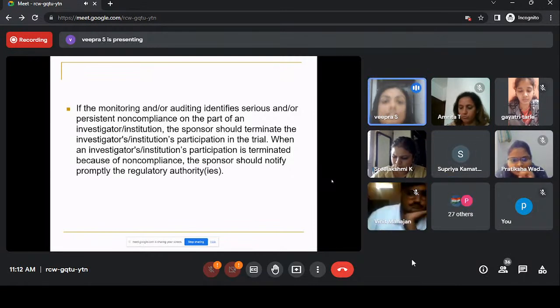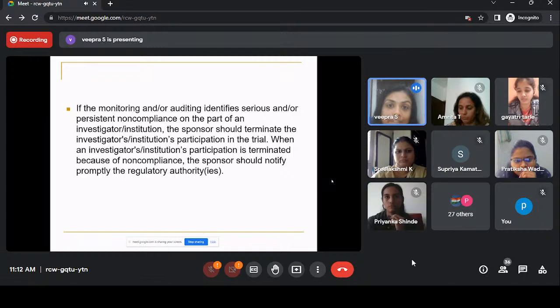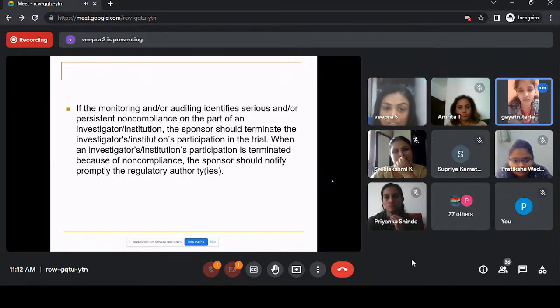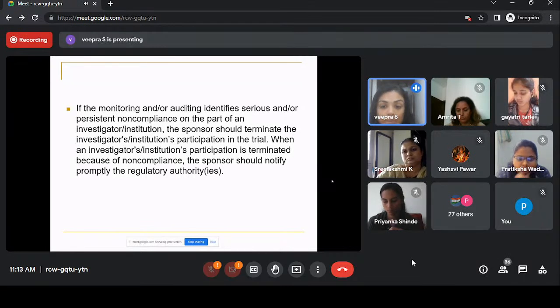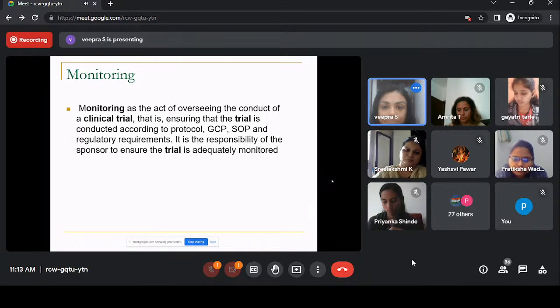The sponsor will inform the regulatory agency about the suspension or termination with the reason. They also have to meet the regulatory timeline. Whichever country we are conducting the study in, that country's regulatory timeline has to be met for this reporting.